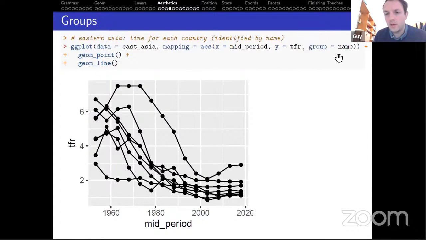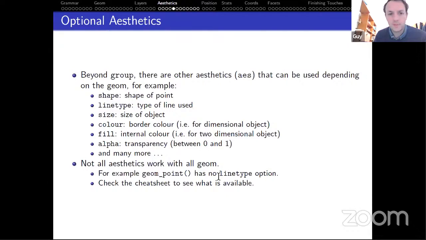So for each country, we want to plot their points and the line. This creates separate lines for each country rather than putting a line through all the points. It's now aware that there's some sort of grouping structure to the data that it can use to plot the points. Okay, so beyond group, there are some other aesthetics that we can change.